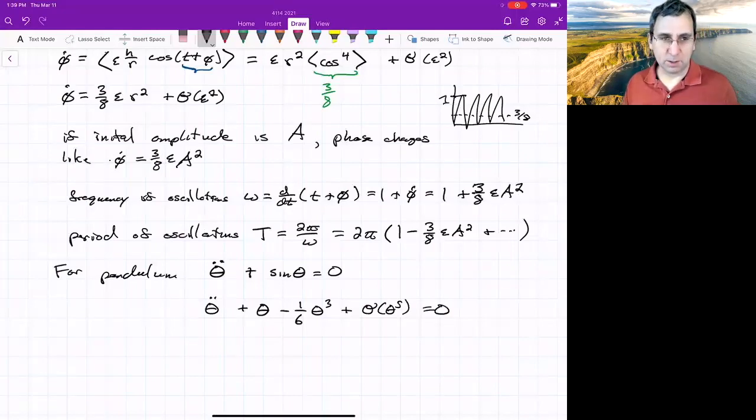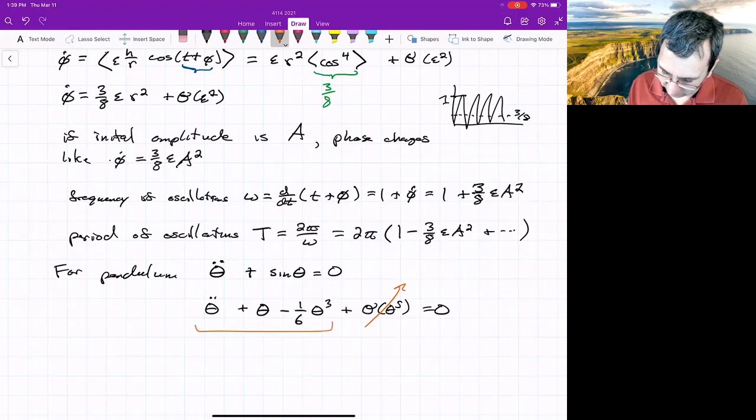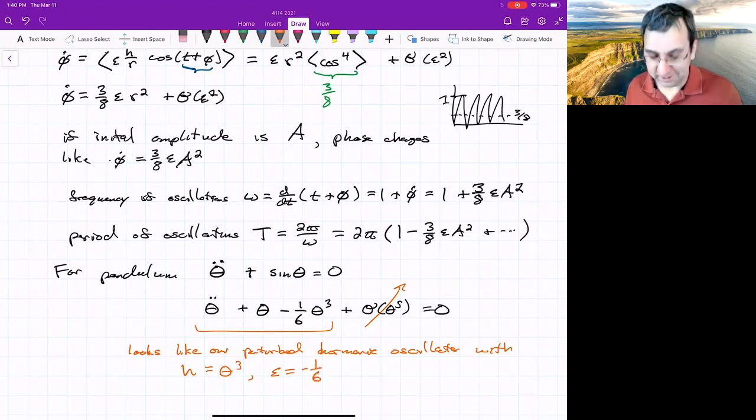If we're making a small angle approximation, we can neglect these, and then this looks exactly like the form we care about. It looks like our perturbed harmonic oscillator with h equal to theta cubed and epsilon equal to a specific number, which you might not want to call small. You might even be upset that it's negative. Well, it turns out we didn't have to assume that epsilon was positive.